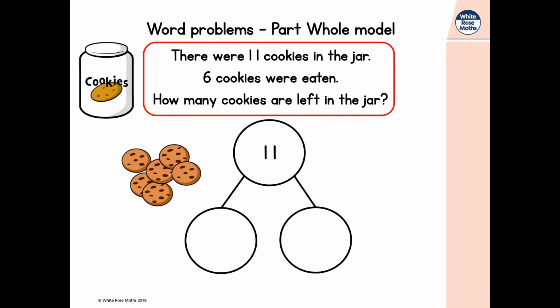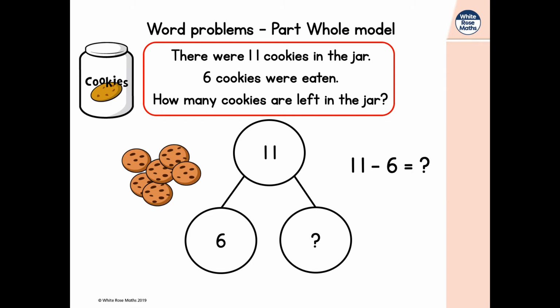But then 6 cookies were eaten. So we need to put 6 into one of the parts. And we don't know how many cookies are left in the jar. So we'll show that with a question mark. Now, let's think about what our number sentence is for this. How can we calculate how many cookies are left in the jar?